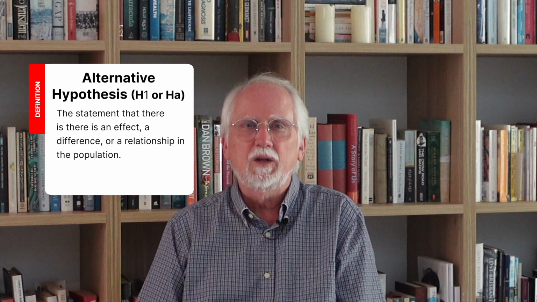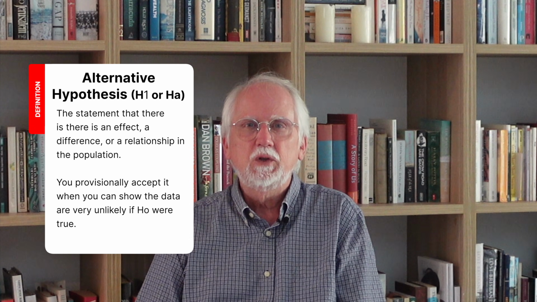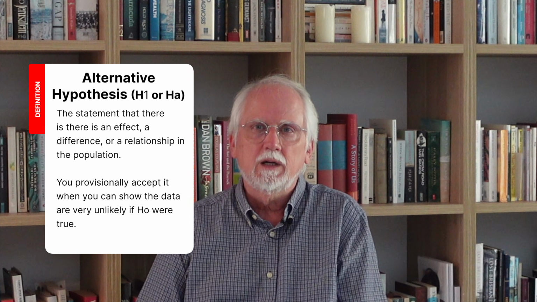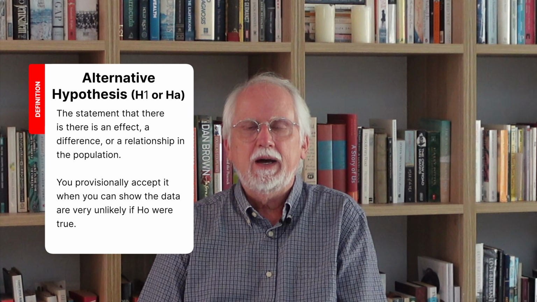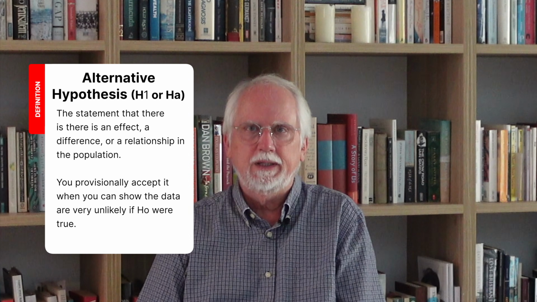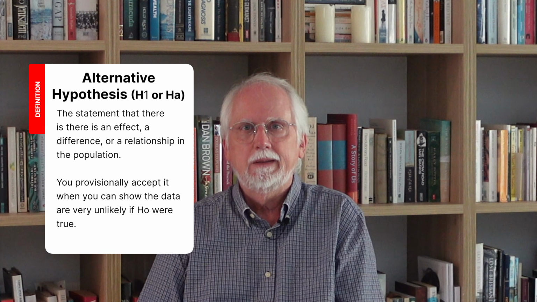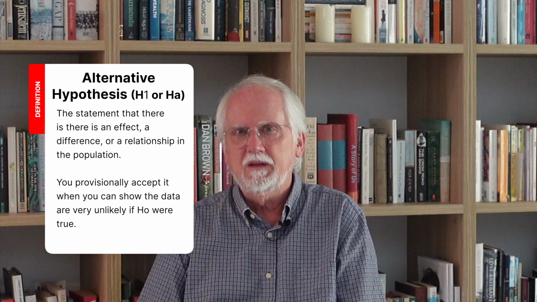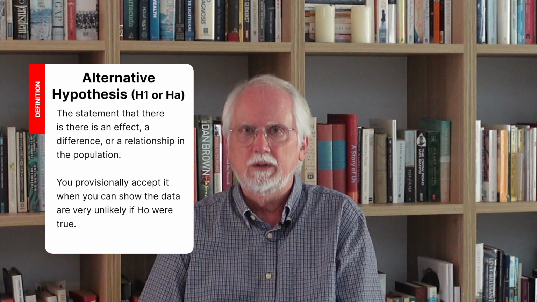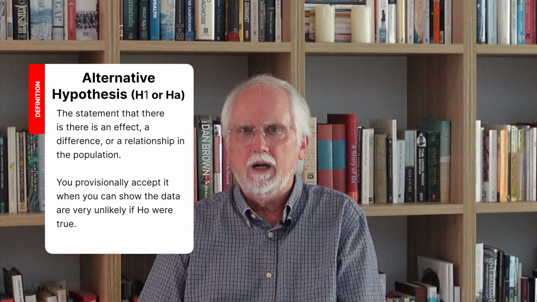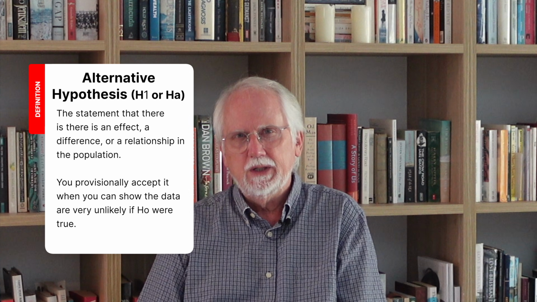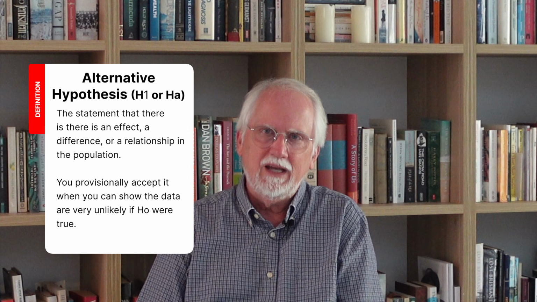Then you have the alternative hypothesis, usually written as H1 or HA. This is the hypothesis that something is happening, that there is an effect, a difference, a relationship. The alternative hypothesis is what you suspect might be true. But here's the critical part. You don't prove the alternative by showing it's better than nothing.